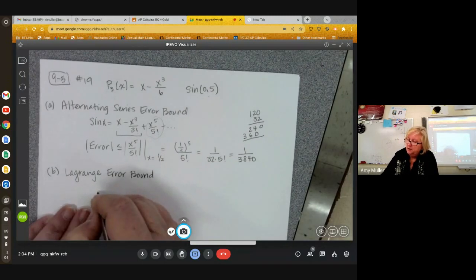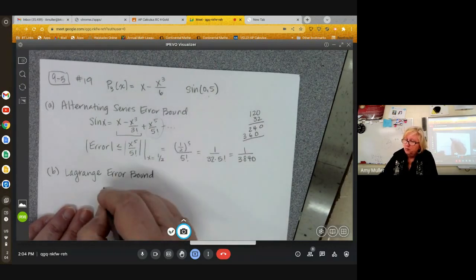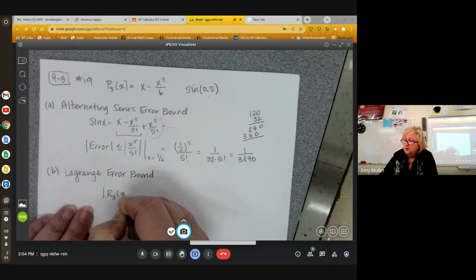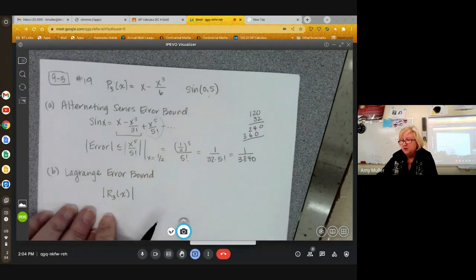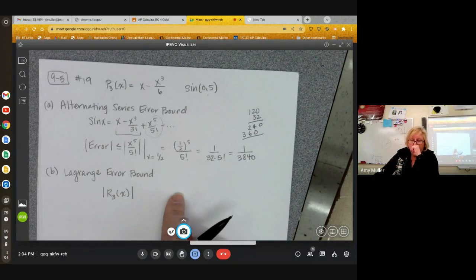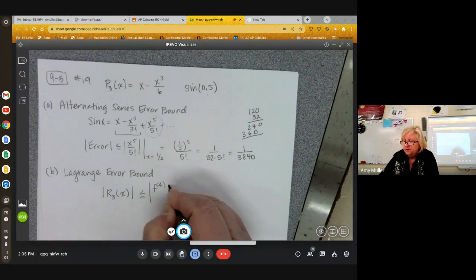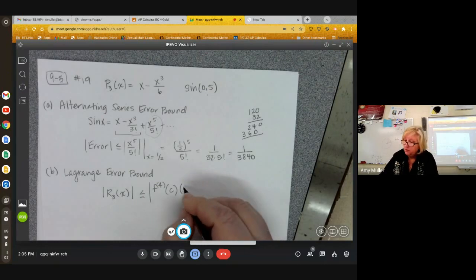Okay, so that means what polynomial this is 3, right? So Lagrange says the 3rd degree remainder, right? I'm using 3 here, even though I'm going to use the 4th here. It is less than or equal to the absolute value of the 4th derivative evaluated at some c times, the center is 0, right? Yes.